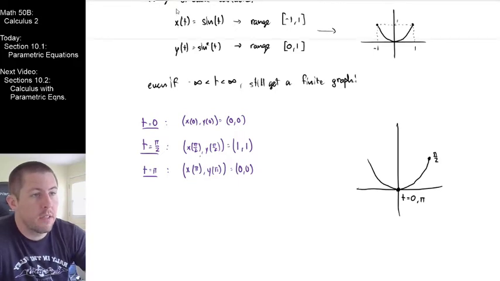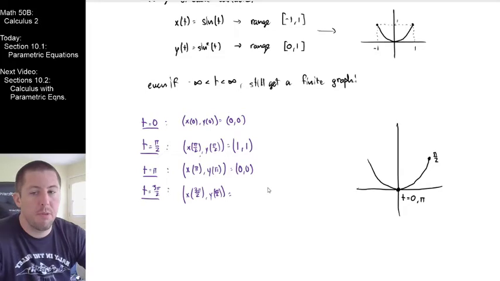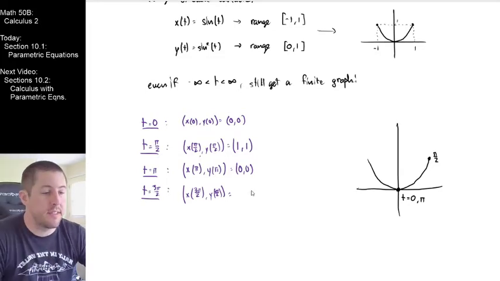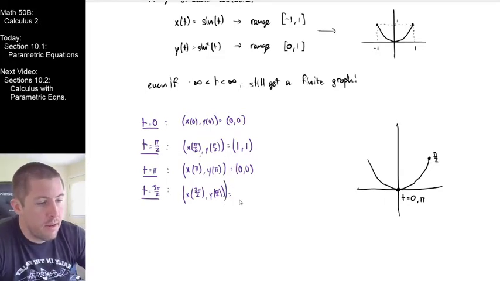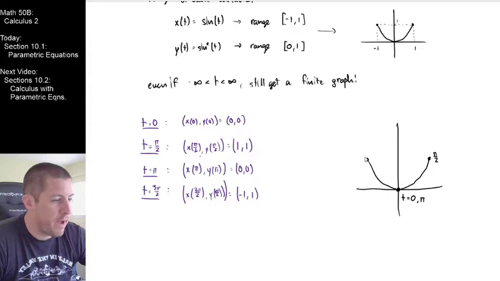Let's take a look. 3 pi halves is pointing down, so I know that sine is going to be -1 there. But when sine is -1, we're still squaring it to get 1, so that's going to put us over here for 3 pi halves.